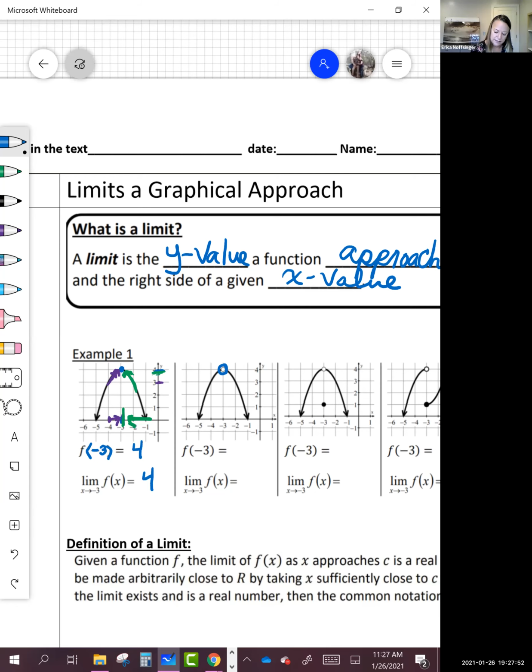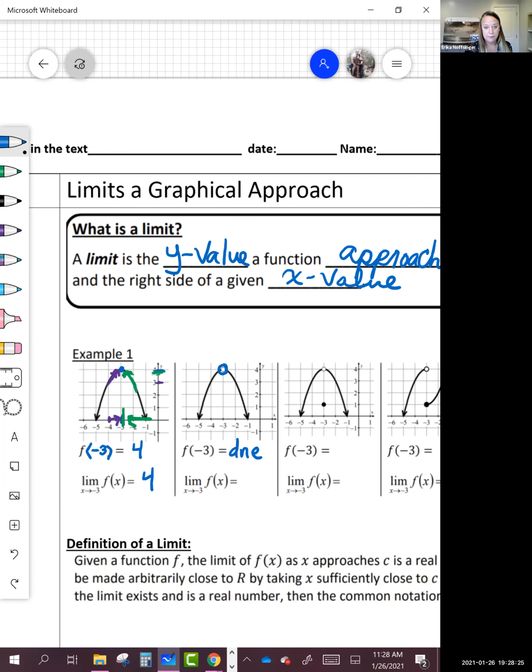I sometimes look to see, is there a point above or below where the graph is heading towards? Notice the third graph, there is a point below that. But I don't see any point above or below this parabola at x equals -3. Because there's no point there, we would say that f of -3 does not exist. So I'm going to put DNE for does not exist.